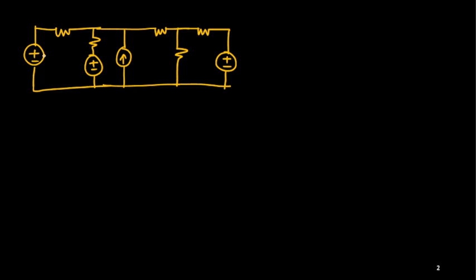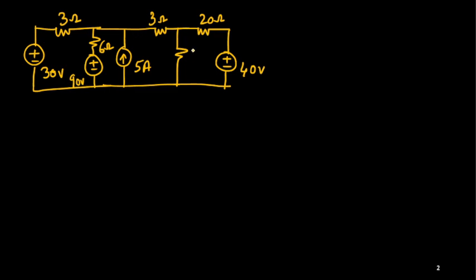So how many sources are there? 1, 2, 3: three voltage sources and one current source. Suppose I provide you the values: it is 30 volt and this resistance is 3 ohm, and this is 90 volt and this is 6 ohm, this is 5 ampere, and now if I choose this is 3 ohm, this is 20 ohm, and suppose this is 40 volt.